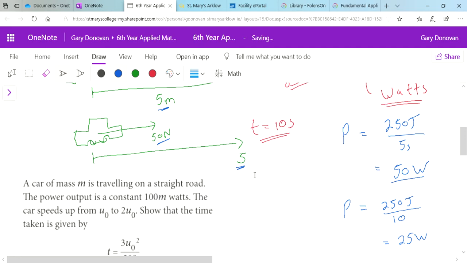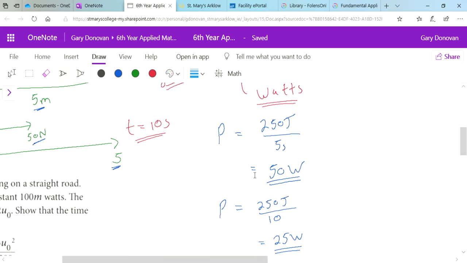So what power tells us is that this first car is using up energy at a quicker rate, because another unit for power would actually be joules per second, because it's joules divided by seconds. So this car is doing 50 joules of work every second, whereas this car is only doing 25 joules of work every second.